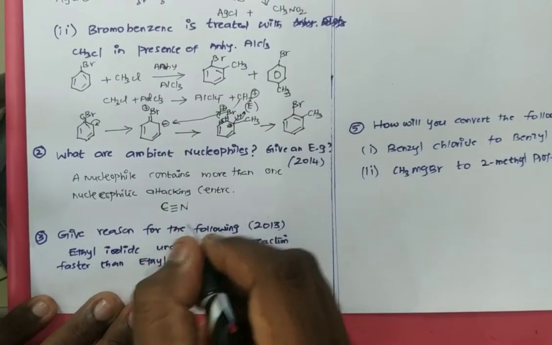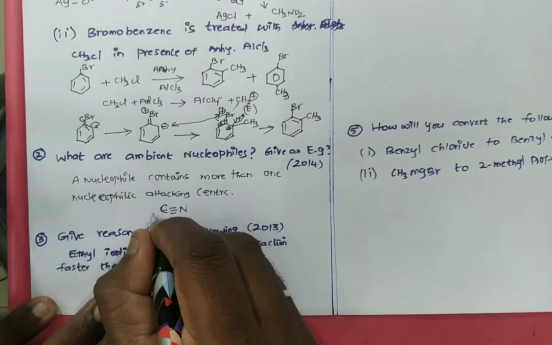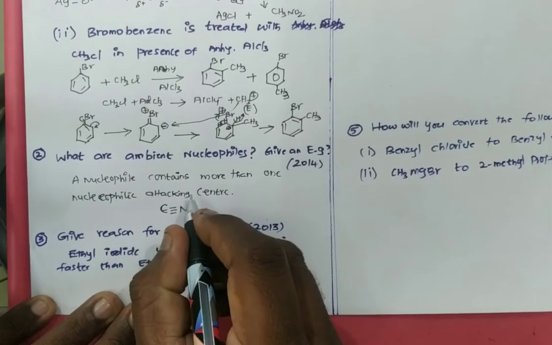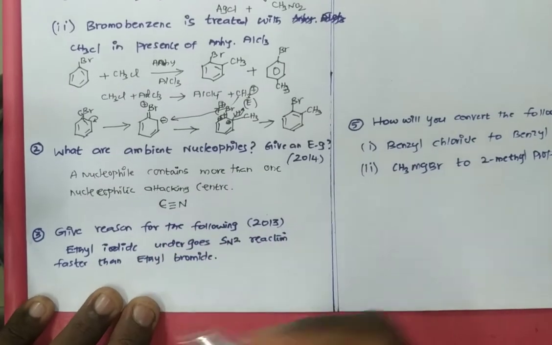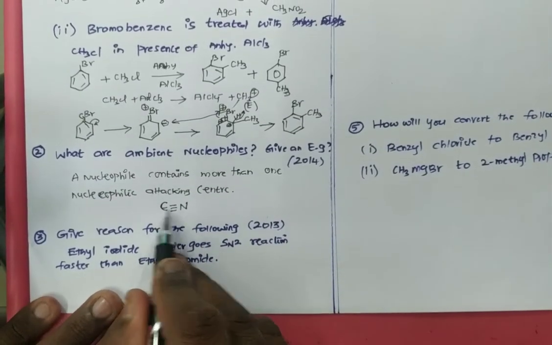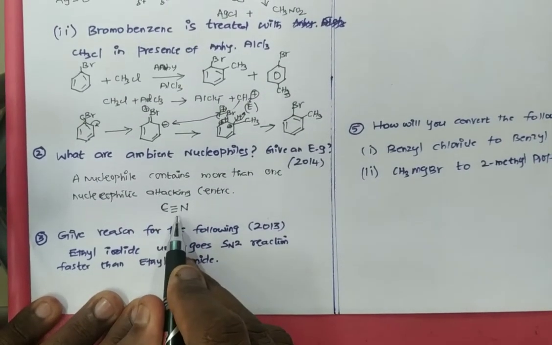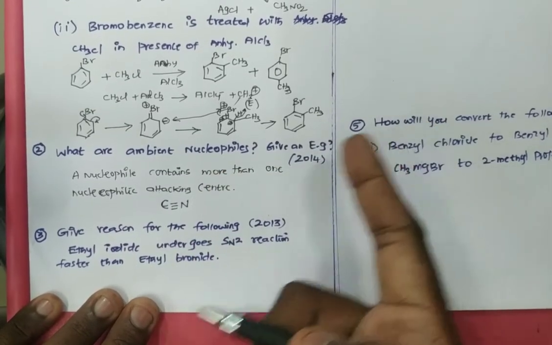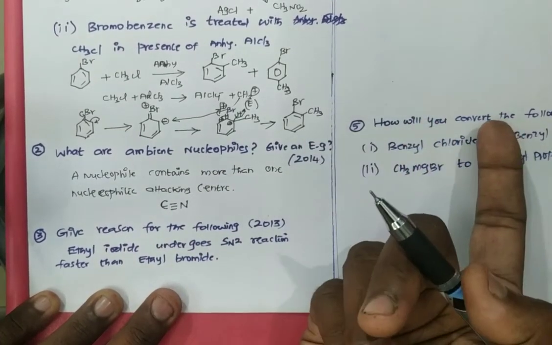The carbon contains a lone pair, and the nitrogen will also have a lone pair. So two nucleophilic attacking centers are there, but any one of the centers will come and attack the reactant to form the respective product.